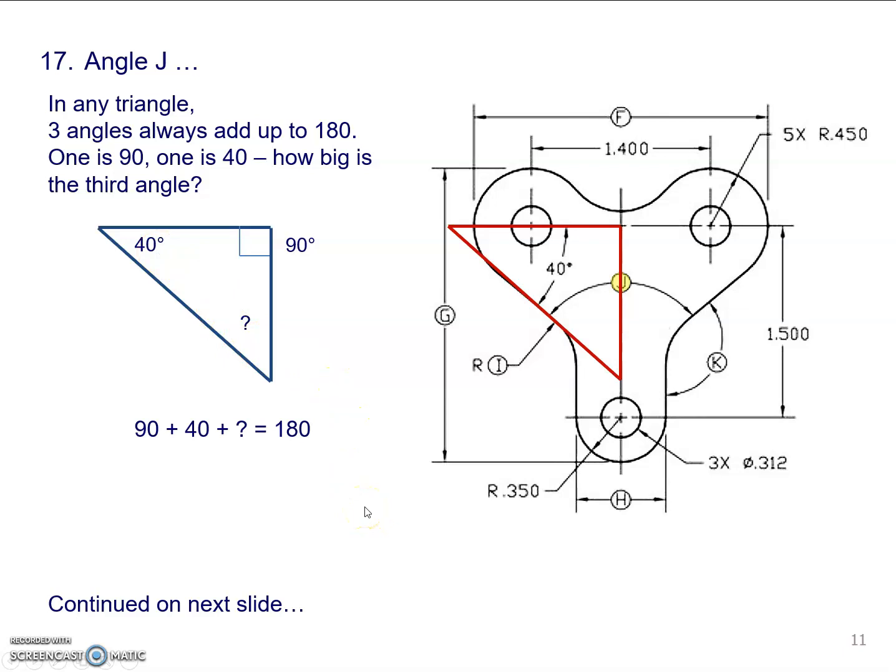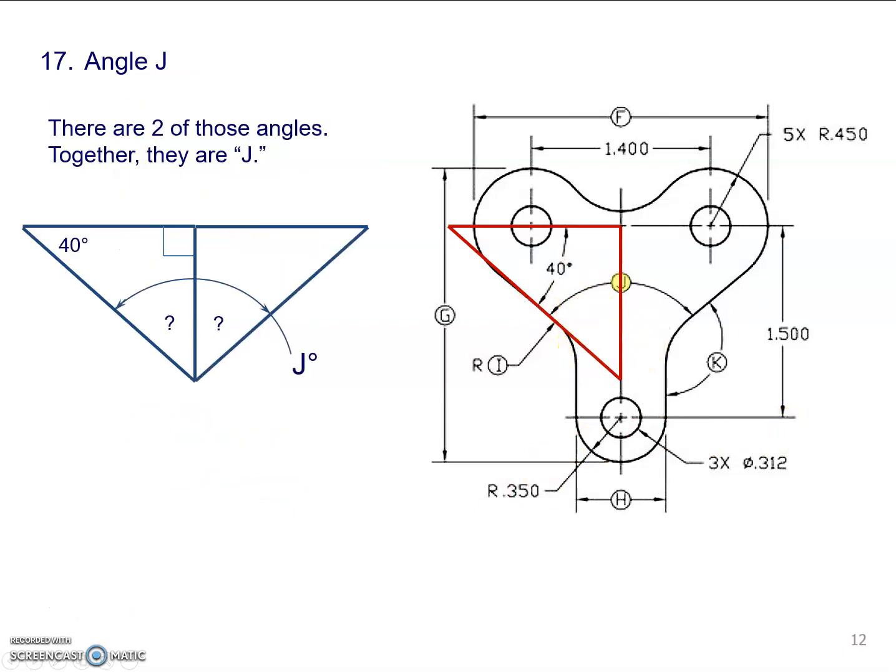You could use algebra or something else to figure out what is 180 minus 90 and 40. And that's what this angle down here is. Okay, we're halfway there. Now in this angle J thing here, there are two of those angles that you just found. So if you add that angle and that angle, together they make up J.